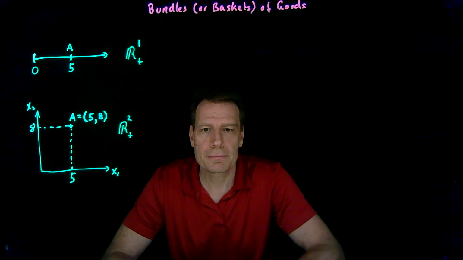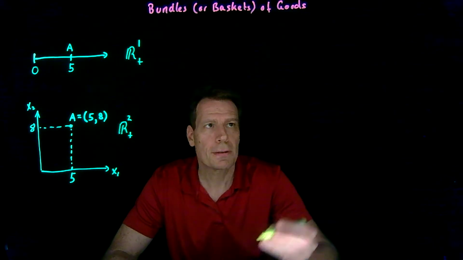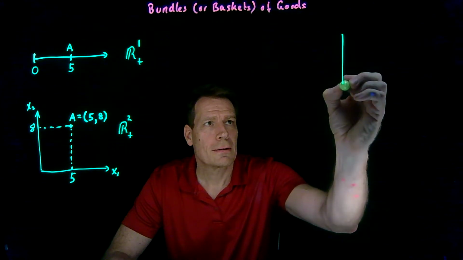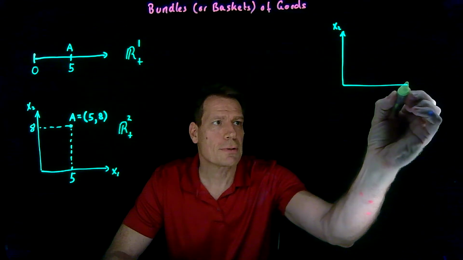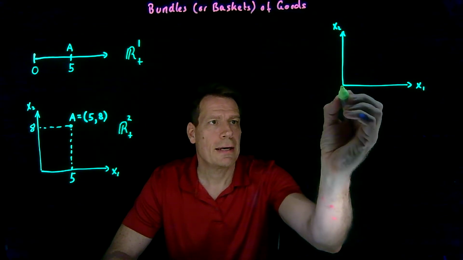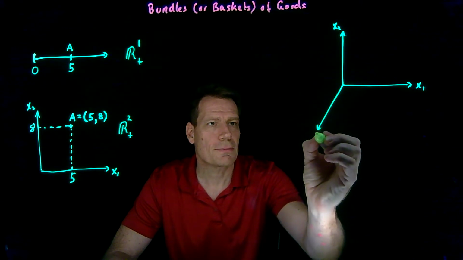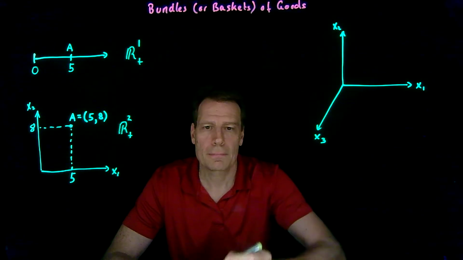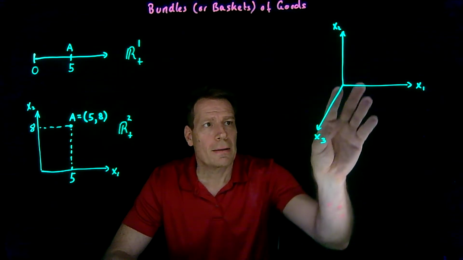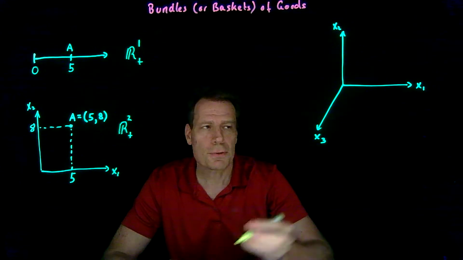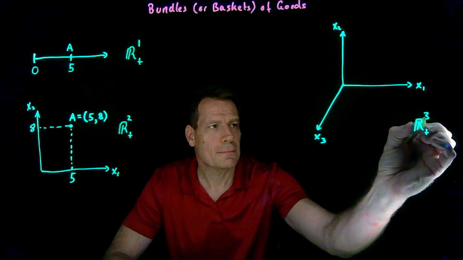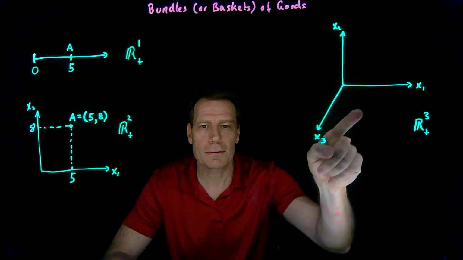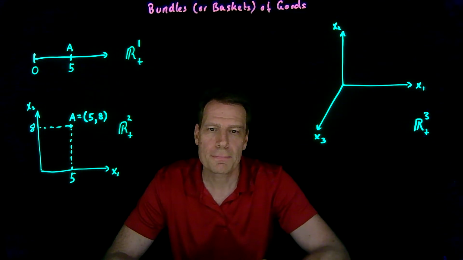We have apples, oranges, and bananas. Well, now we need the oranges dimension, x2, the apples dimension, x1, and the bananas, we'll call it x3. The baskets now lie in three-dimensional space. We denote that as R3. Three real number lines put together to create that three-dimensional space.